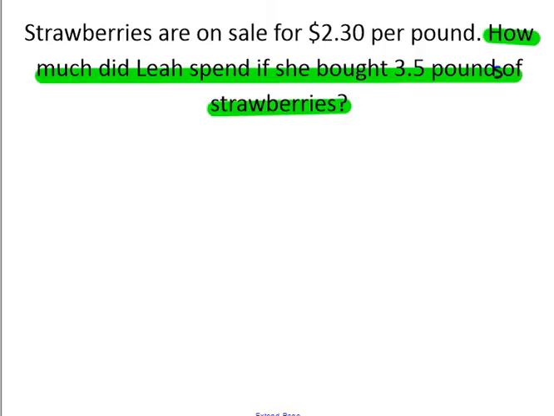Again here, I see repeated addition because I see that they're $2.30 per pound and she bought 3.5 pounds. I could add 2.30 to itself 3 times and then another half of a time, but it would be more efficient to just multiply it. So 2.30 times 3.5.